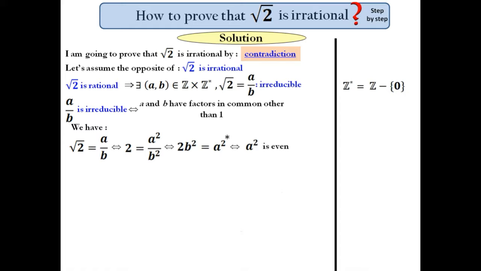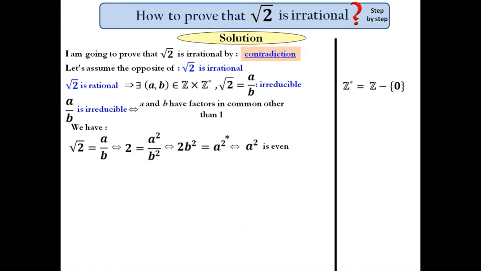Now, why is that interesting? Well, a squared is the product of the same number, a times a. So this is another way of saying that a times a is even. So what does that tell us about a? Let's remind ourselves, we are assuming a is an integer. a is either going to be even or odd.